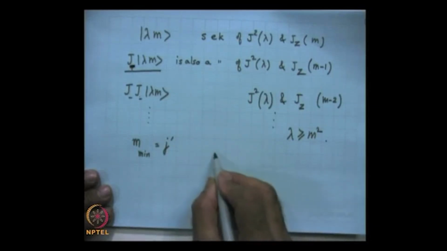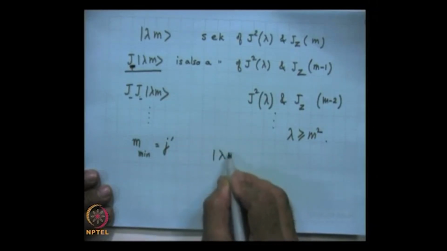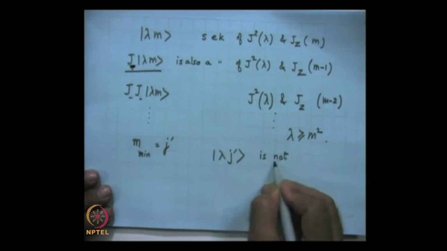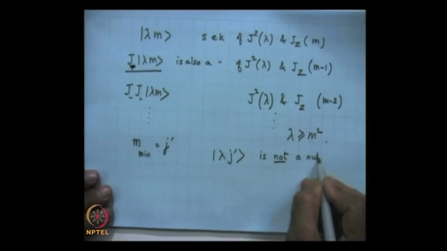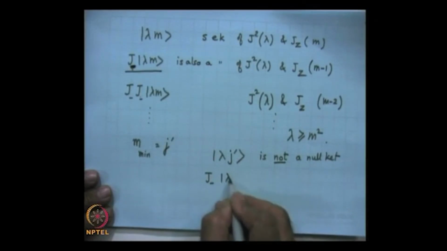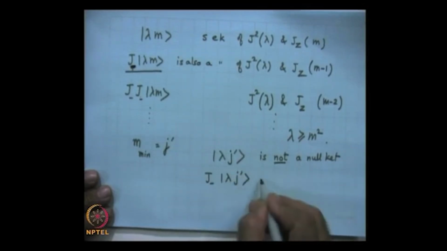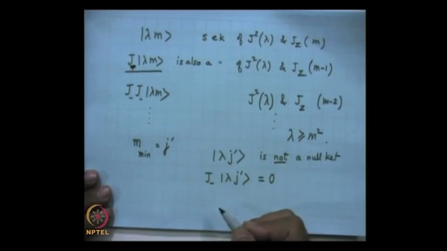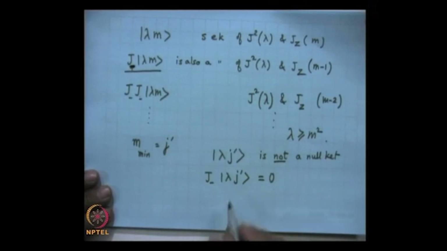That means that ket lambda j prime is not a null ket. However, J minus ket lambda j prime is a null ket, because otherwise j prime is not a minimum value. So, once again this is not a null ket, this is not a null operator, but an operator operating on this will give you a null ket.